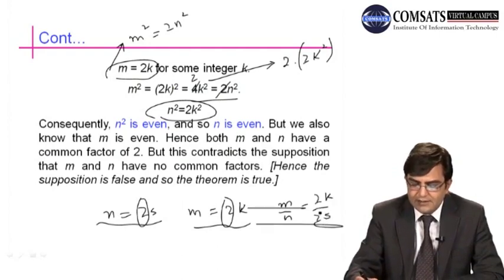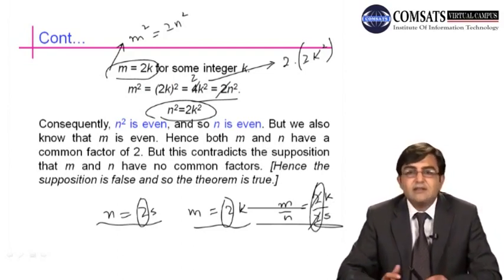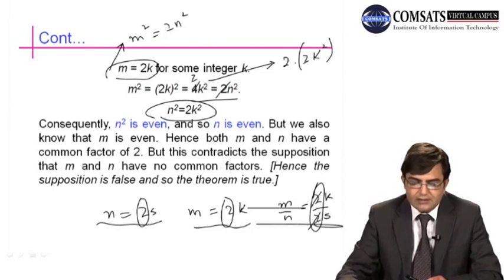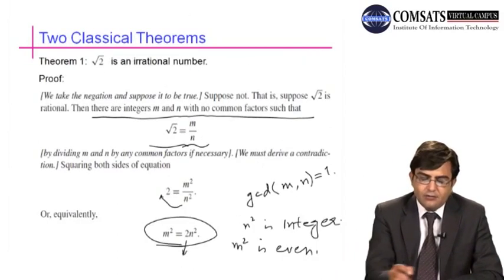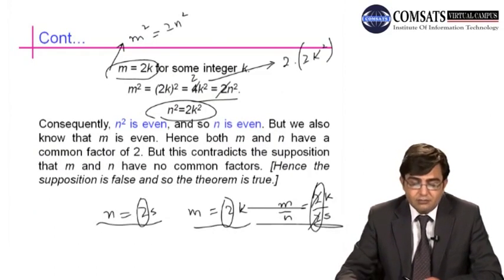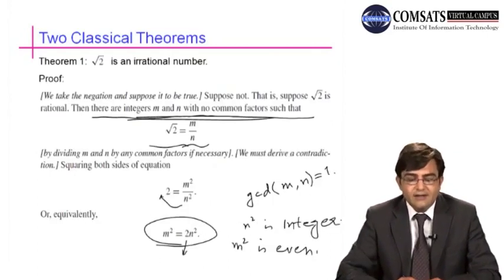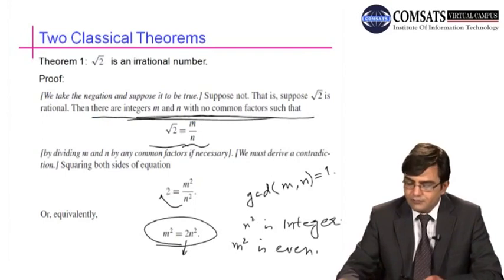So 2 is the common factor between m and n, which is a contradiction to our supposition that m and n have no common factors. So the supposition was wrong, then what will be true? Square root 2 is an irrational number will be true.